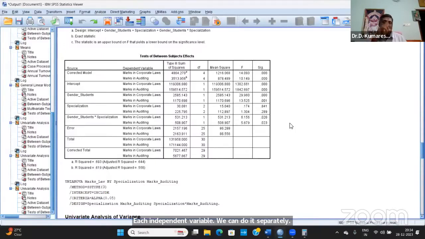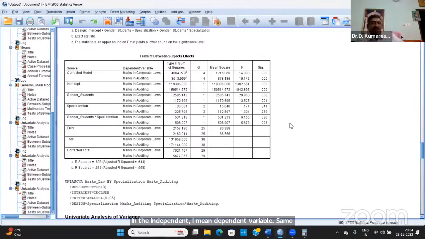But in the two-way ANOVA, both of the independent variables have been taken together to understand whether these independent variables have made significant variation in the dependent variable.